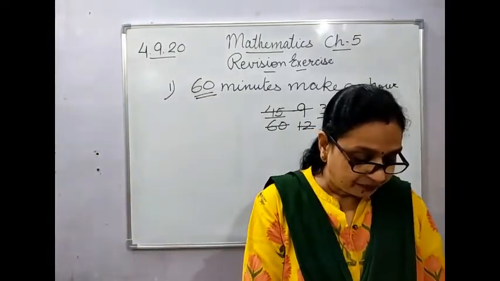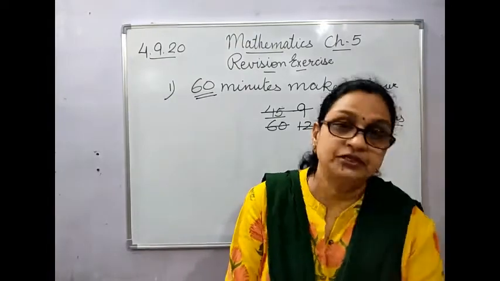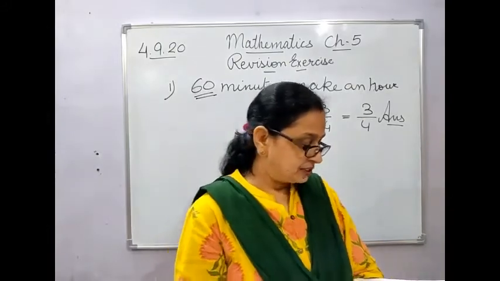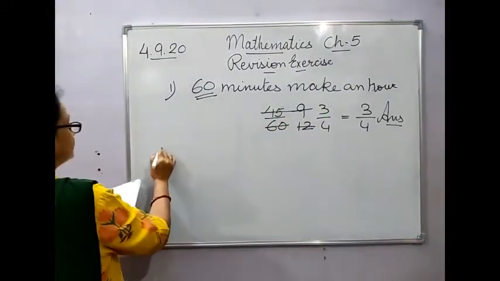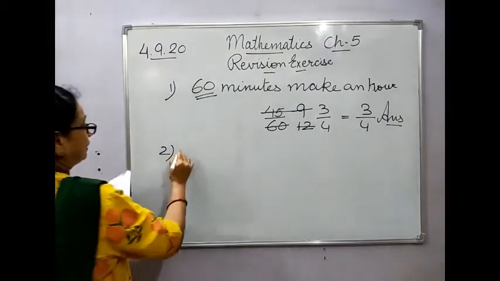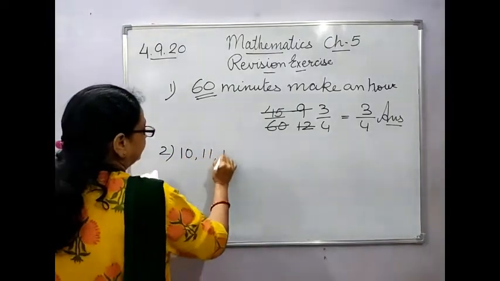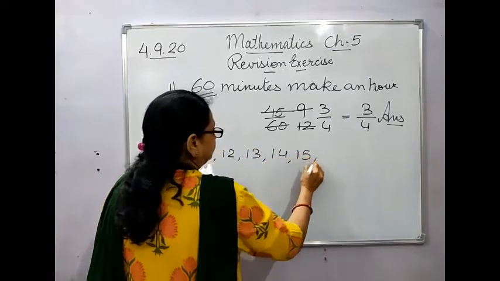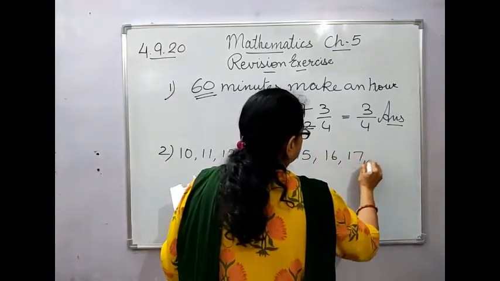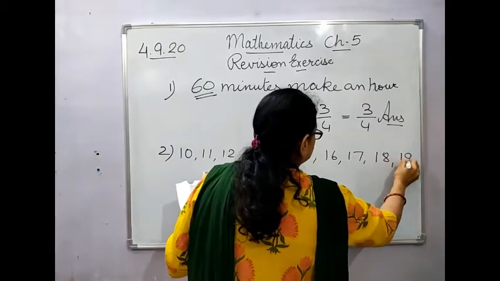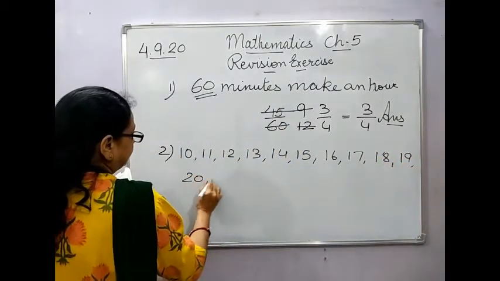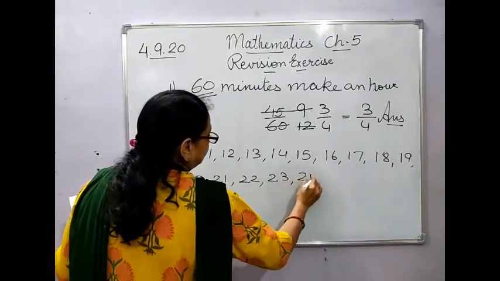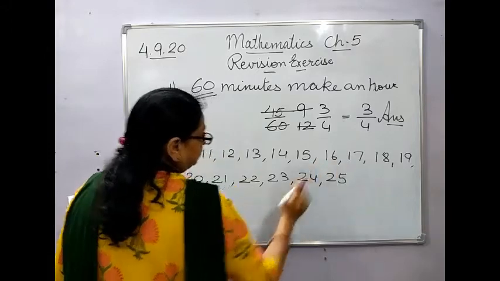See the second one. Write the natural numbers from 10 to 25. What fraction of them are composite numbers? This is the second one. So from 10 to 25: 10, 11, 12, 13, 14, 15, 16, 17, 18, 19, 20, 21, 22, 23, 24 and 25.